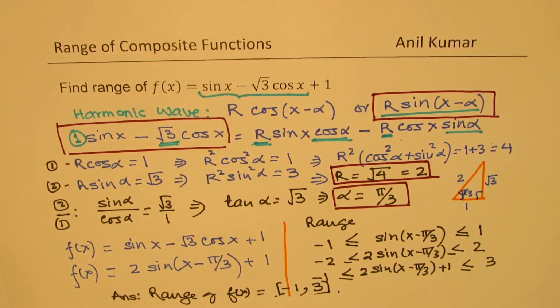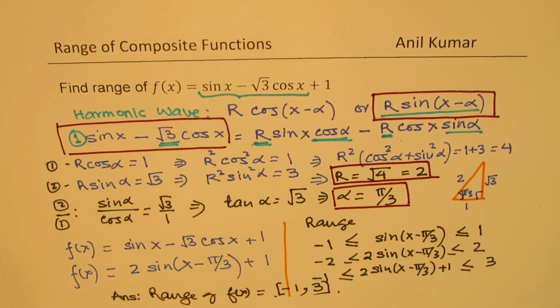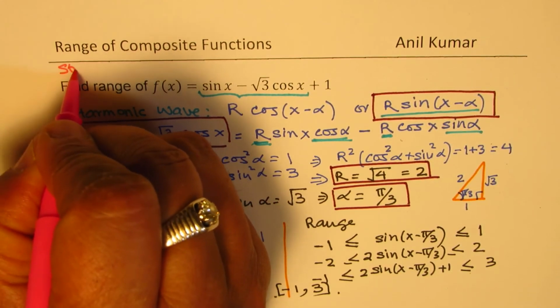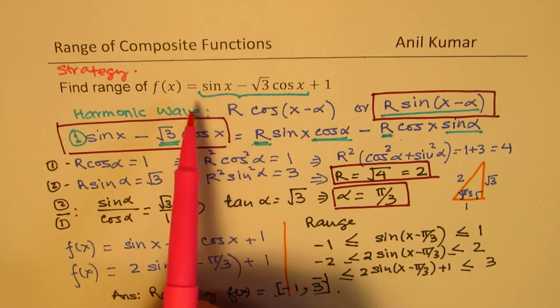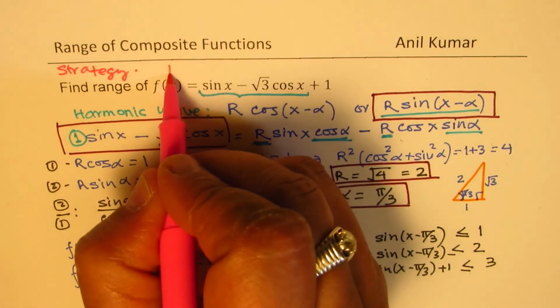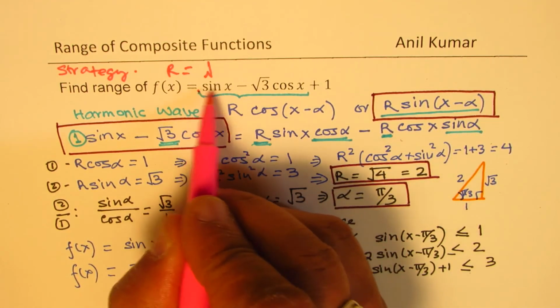Is that clear? So that is how we can actually do it. Now let us assume that we have a multiple choice question, right? So strategy. Strategy is that we can always find r, which is equal to the square root of the sum of squares of these coefficients, right?